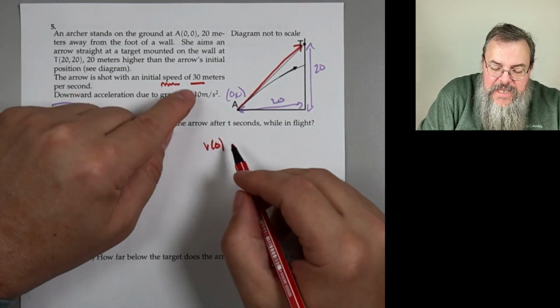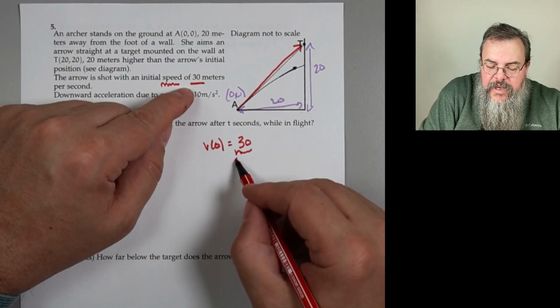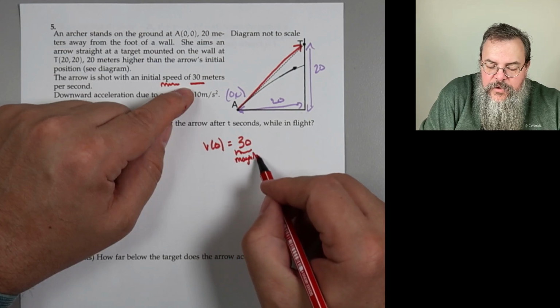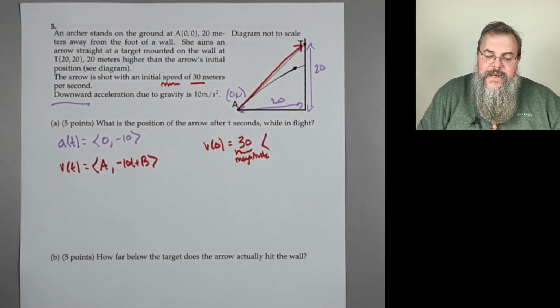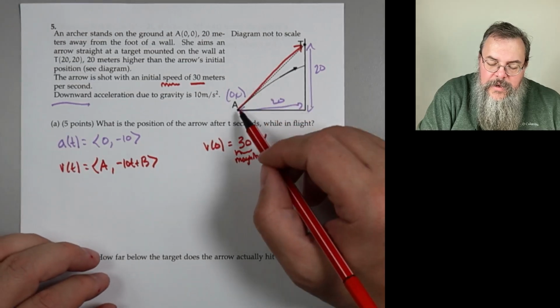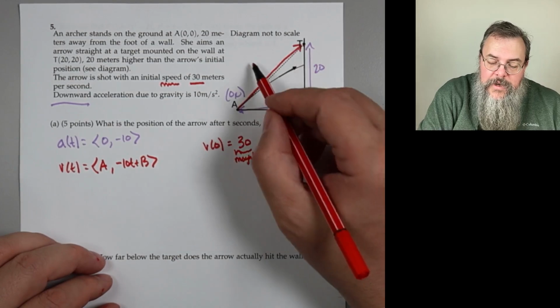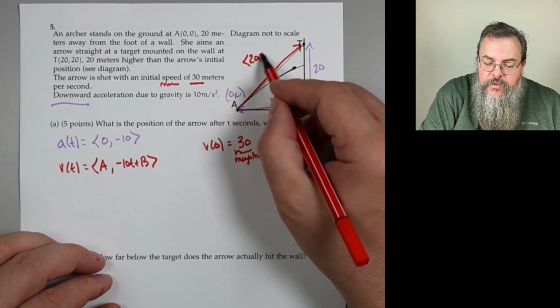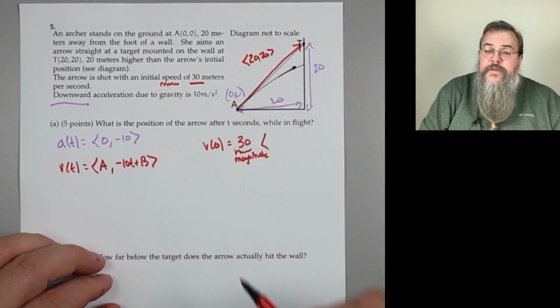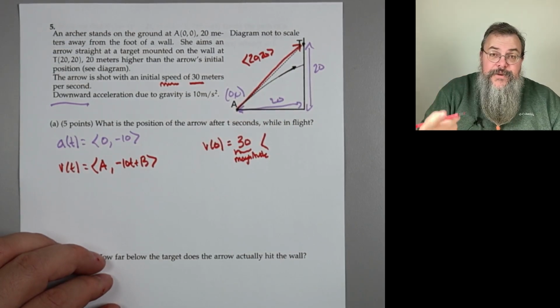So the speed, that's our magnitude. Cool. What's our direction? Well, what's the vector that points from here to there? You go over 20, go up 20, it's the vector (20, 20). But of course, if I care about direction, I want to make it into a unit vector.